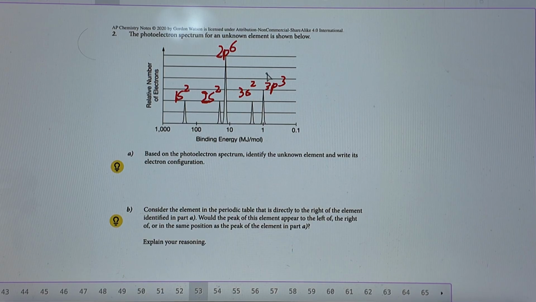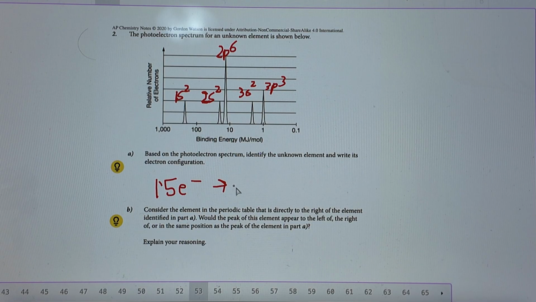Now, if we just add up all the electrons, 2 plus 2 is 4, plus 6 is 10, plus 2 plus 3 is 15. So 15 electrons. There's only one element that has 15 electrons, and that's phosphorus. So P, aka phosphorus.